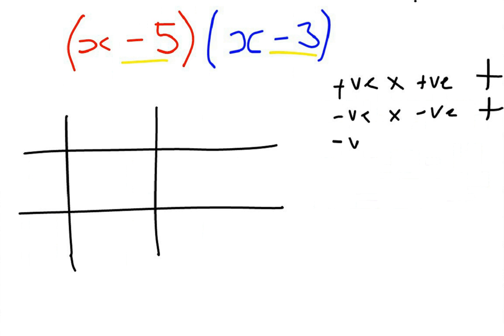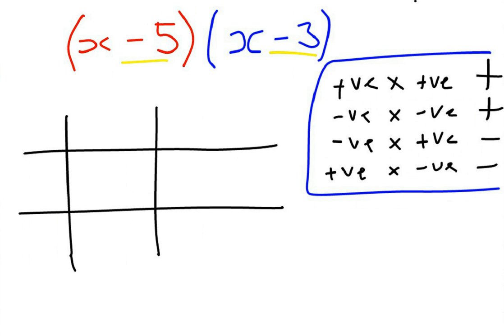A negative multiplied by a positive will give me a negative, and finally a positive multiplied by a negative will give me a negative. And it's these rules that are going to prove key to what we're doing here.